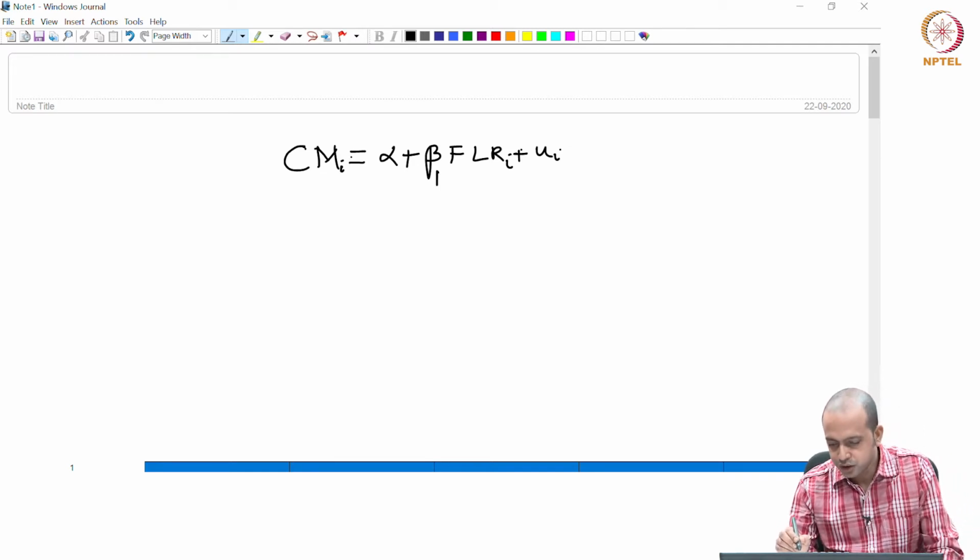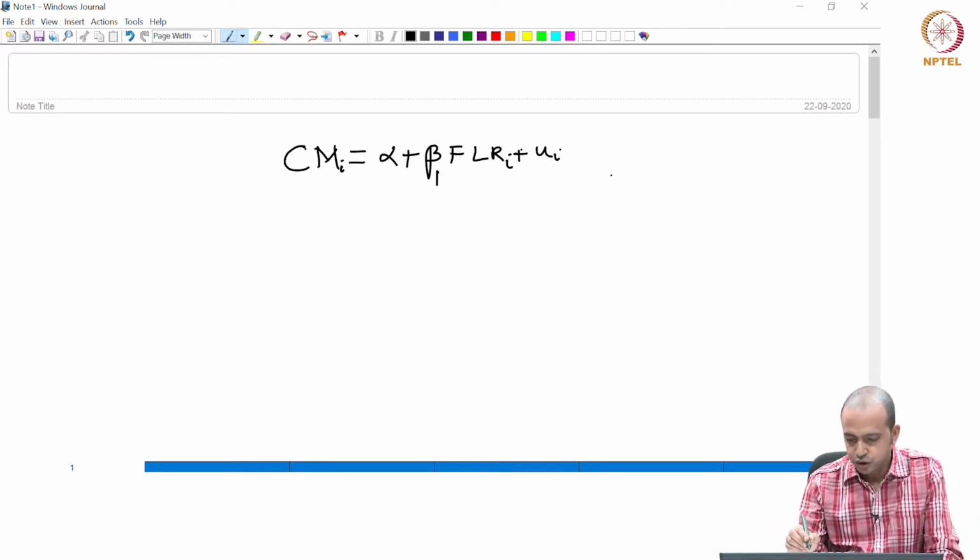and we call this model old, and from estimating this model we will get, let us say, R square old.